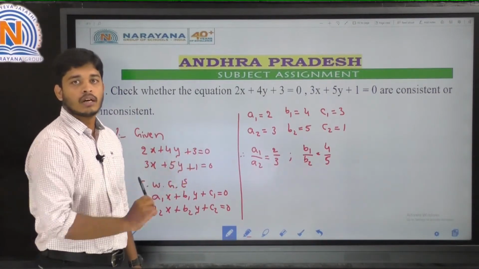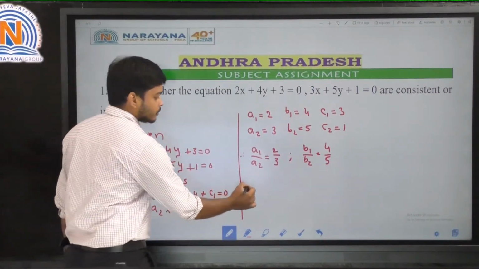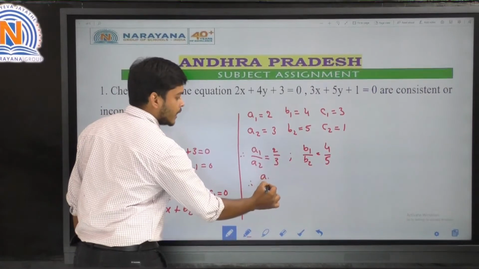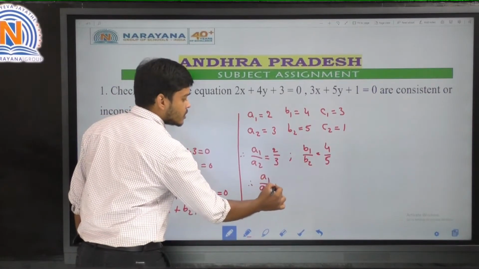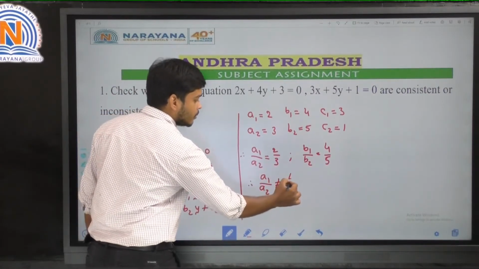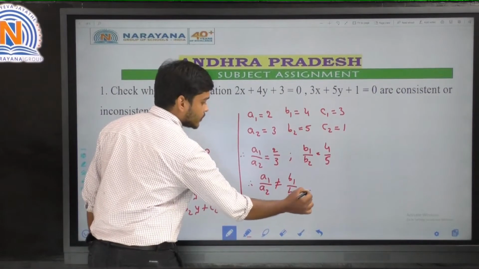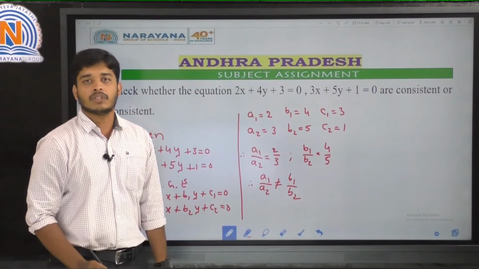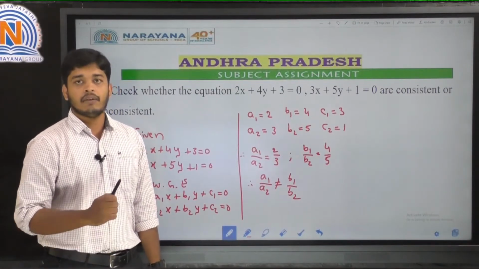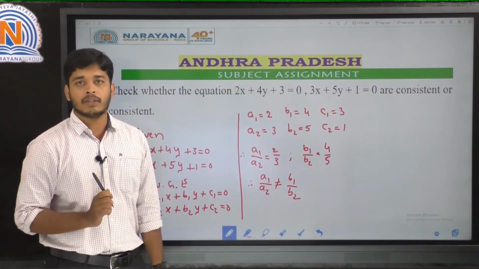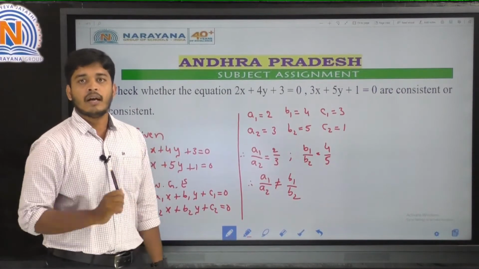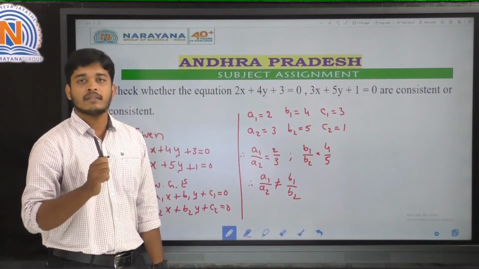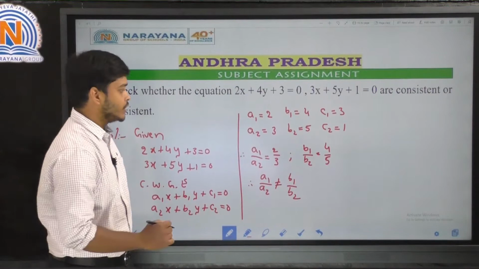These two ratios are not equal. Therefore, since a1 by a2 is not equal to b1 by b2, this condition is for intersecting lines. If a1 by a2 is not equal to b1 by b2, then those two are intersecting lines. Intersecting lines means they have a unique solution.